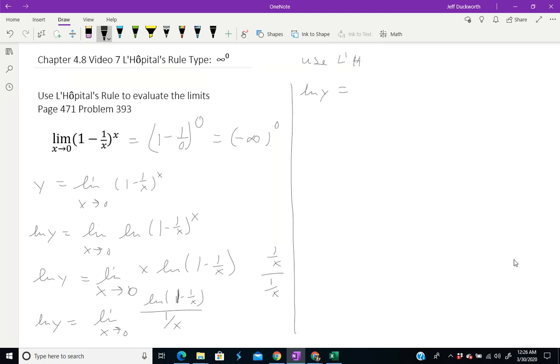The derivative of the numerator is, again, it's a natural log, so it's going to be 1 over that value, 1 minus 1 over x, multiplied by that derivative. So that's going to be 1 over 1 minus 1 over x times the derivative of this. So we've got a negative 1 over x. So the derivative of negative 1 over x.